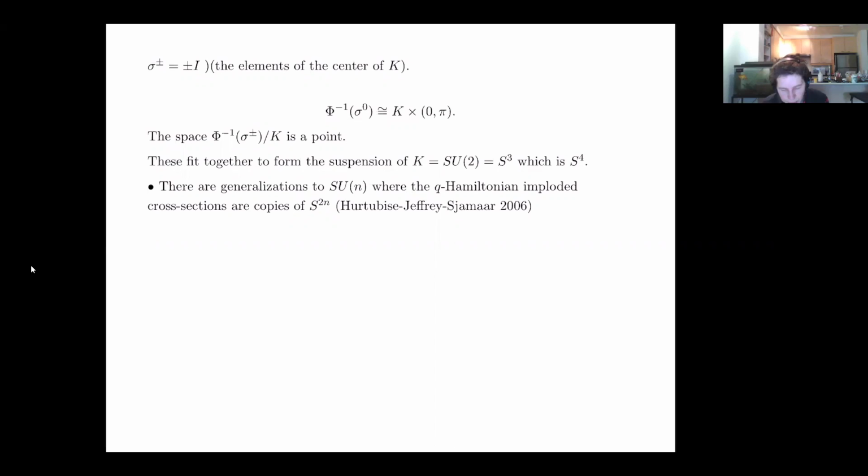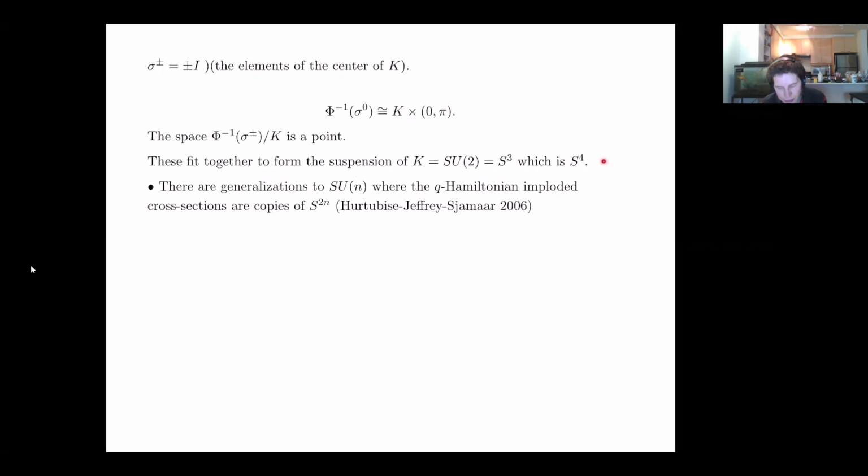So there are two other strata, the elements of the center of SU2, which are just the identity matrix and minus the identity matrix. And the preimage of those strata quotiented by K is just a point. And so these things fit together to form the suspension of S3, which is S4.